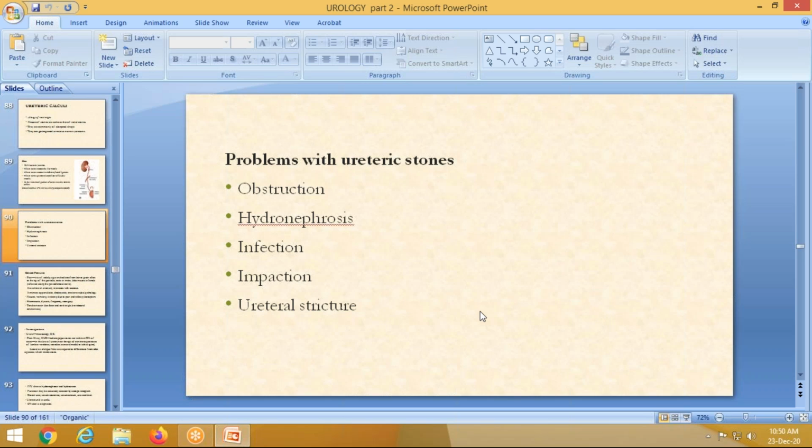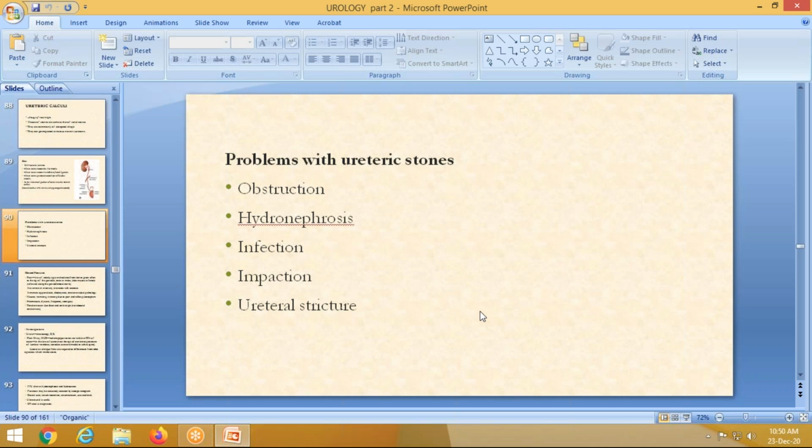Once the hydronephrosis is developed and not treated properly, it may go into infection, so it may produce pyonephrosis or perinephric abscess, like this. Sometimes there are no complications like obstruction or hydronephrosis, but impacted. So once it is impacted in the particular region, there may be a chance of development of hydronephrosis once again.